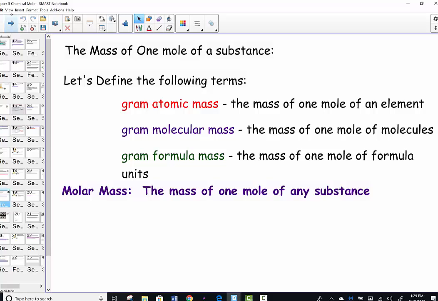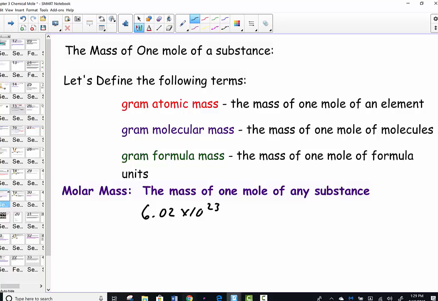Why is it that number, 6.02 times 10 to the 23rd? What's so special about that number? That happens to be the number of atoms it takes to sit on the scale for any atom to give you the atomic mass on the periodic table.